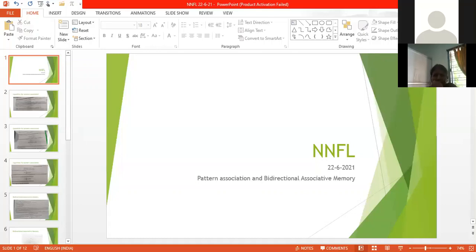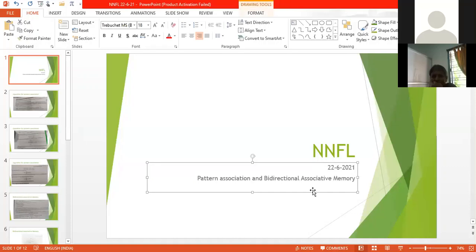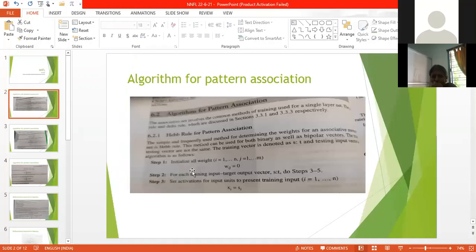So before moving on to bidirectional associative memories, we need to know what is meant by associative memory. Till last class, we learned training up your neural network with simple data.